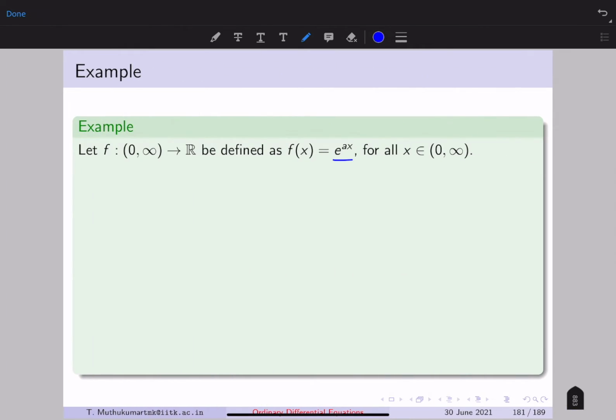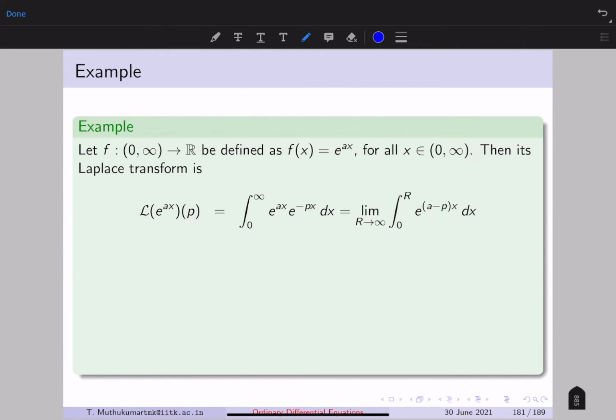Now for the exponential, you apply the definition. You have e power ax, e power minus px, right? But they both are exponentials, so the integral is just e power (a minus p)x dx. Now you can integrate this. So you take the limit of r going to infinity of this integral. Now you apply r.